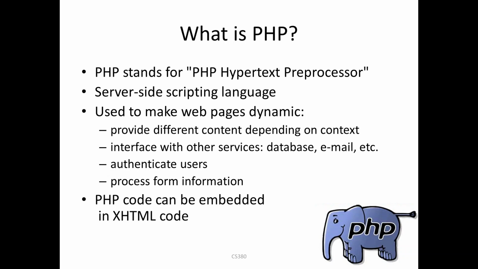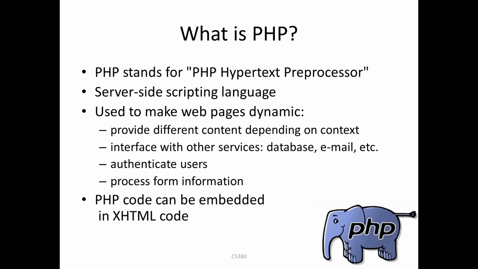And now we have PHP, and many others like Java Server Pages or ASP.NET. We got different ones like Python, right? So we got different scripting languages that can be invoked by the web server to generate the dynamic content that is requested by the user. And PHP is just one of those languages.